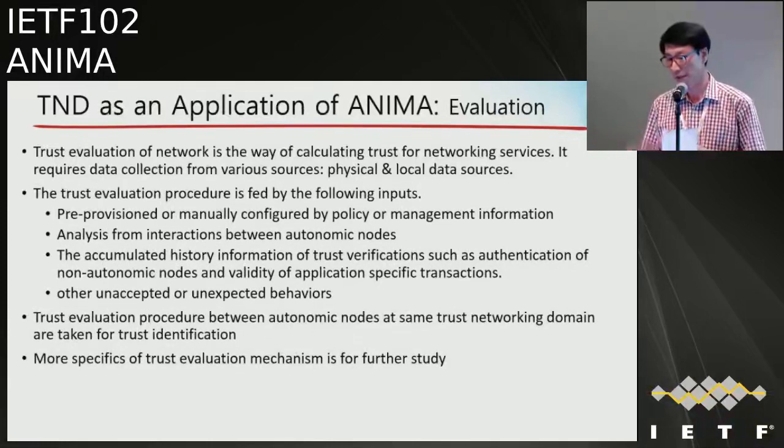It requires data collection from various sources, physical and local data sources, as you can see here, previously manually configured by the policy management, etc. Based on this information, it performs the trust evaluation and makes a decision whether the node or entities within this domain are trustable.